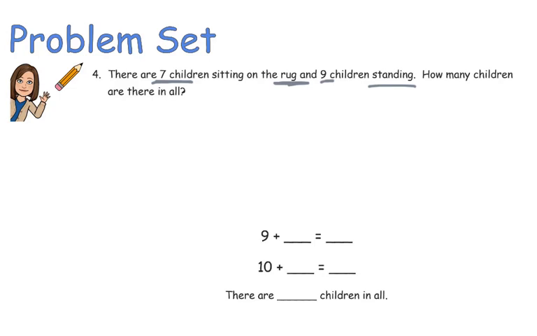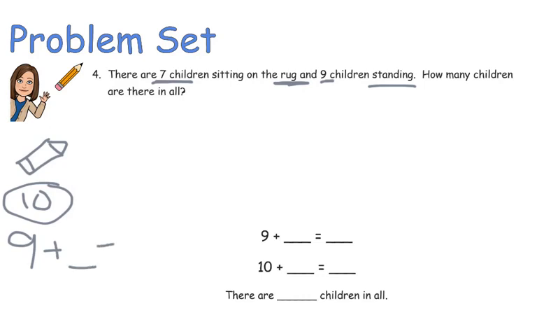So what we're going to do is let's go over our steps again. We're going to draw our picture. We're going to circle 10. We're going to write how we made our group of 10. And then finish adding with the leftovers.